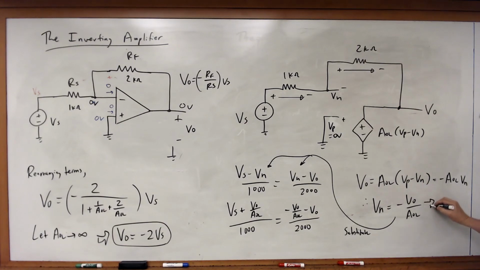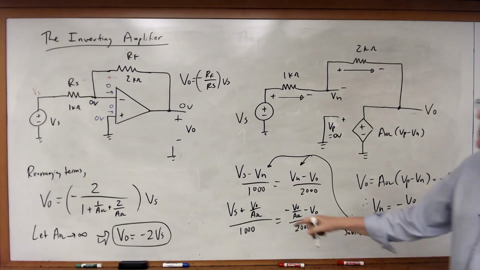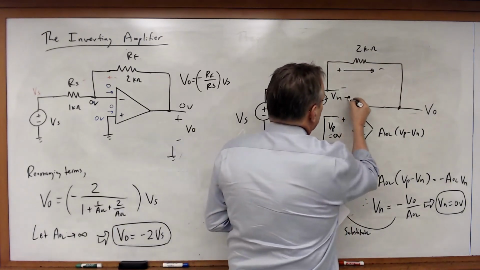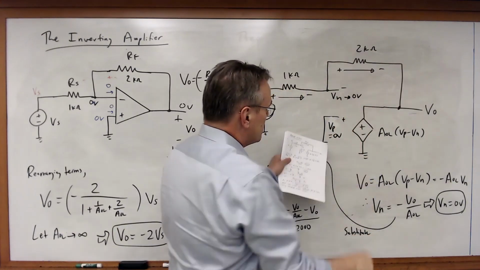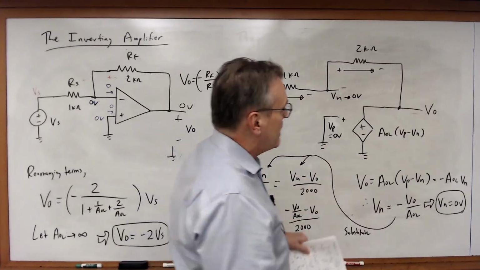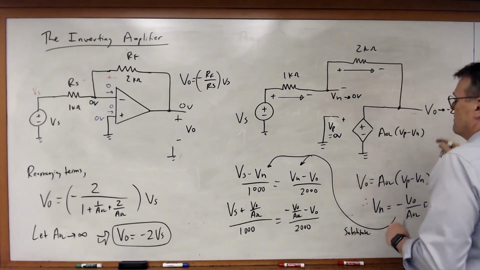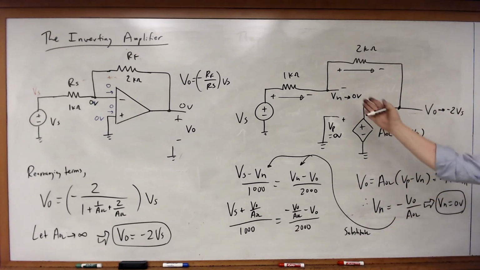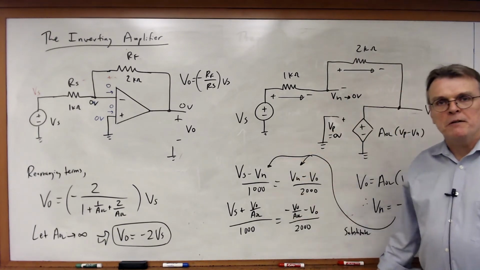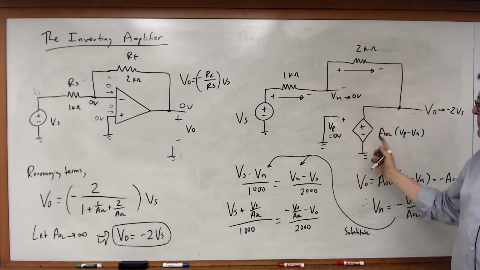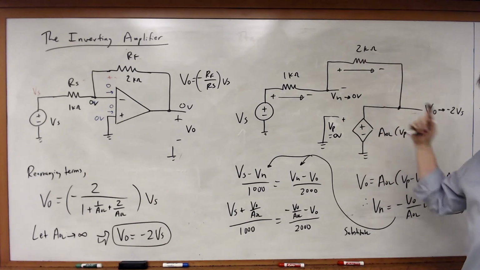If that's the case and AOL goes to infinity, then Vn is just equal to 0 volts. So I've also got my virtual short circuit. Vn goes to 0 volts, the same voltage as Vp, and VO goes to minus 2 times Vs. So what we have here is exactly the same result. The virtual short circuit comes about because of the negative feedback and by letting that open loop gain term go to infinity.